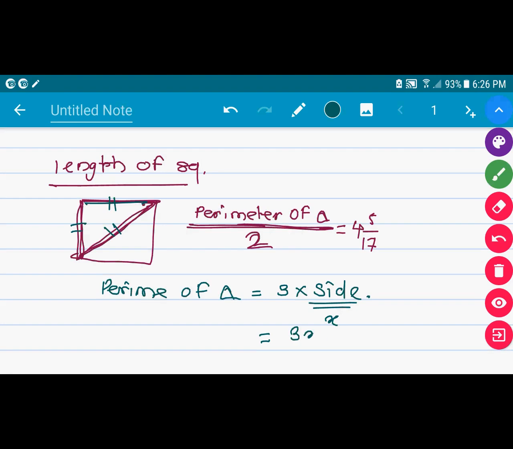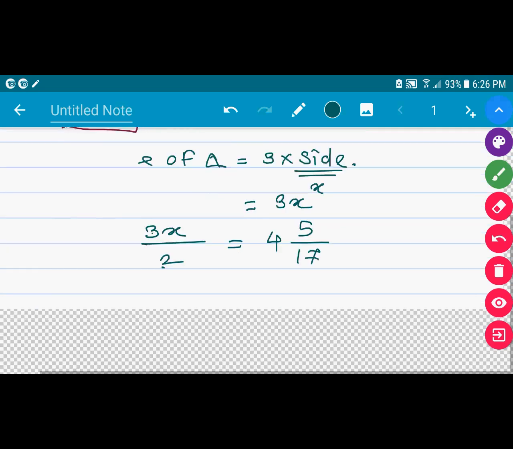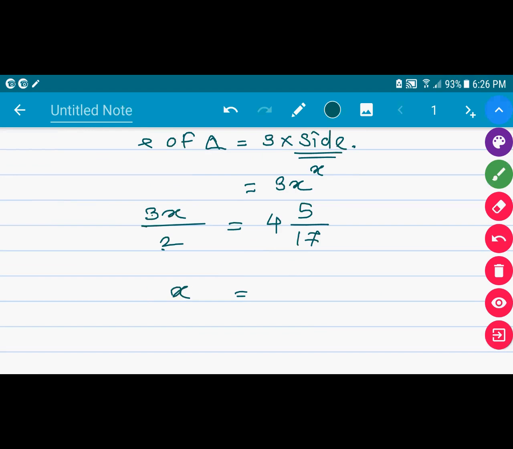So the perimeter is 3x, and half of the perimeter is 4 5/17, meaning 3x upon 2 is equal to 4 5/17. This 3 upon 2 will come to the other side and become 2 upon 3, because we want the variable separate. So x is equal to 17 fours are 68 plus 5, 68 plus 5 is 73.